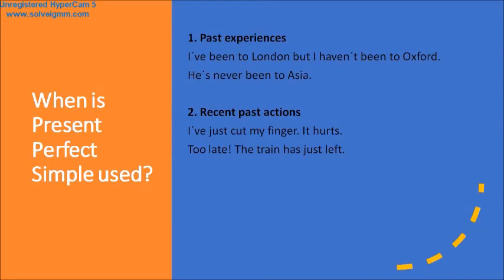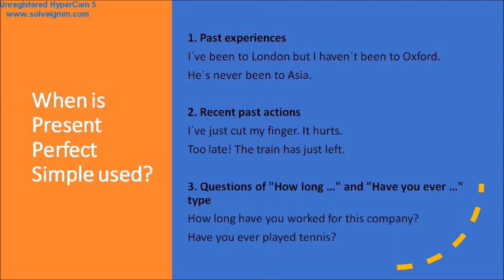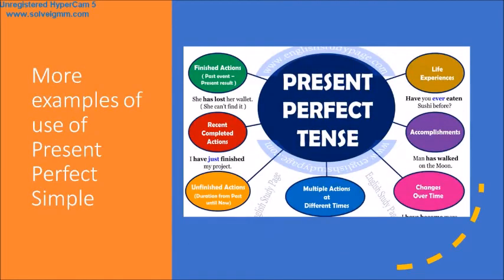Too late, the train has just left. And third, when using the questions of how long and have you ever type, such as how long have you worked for this company? Have you ever played tennis? More examples of use of the present perfect simple can be seen in this diagram.